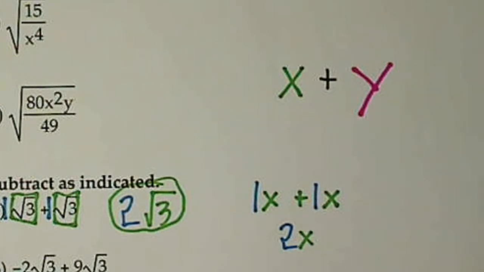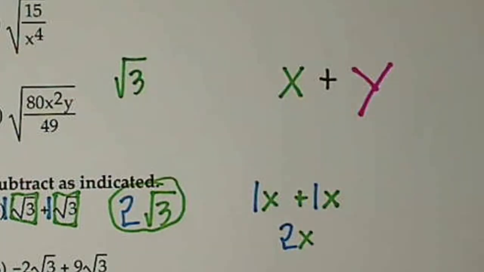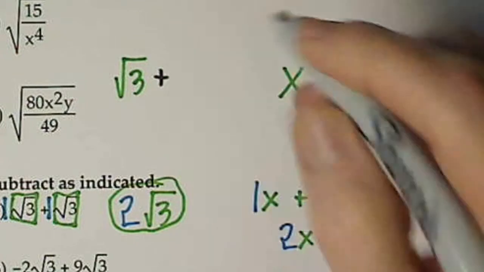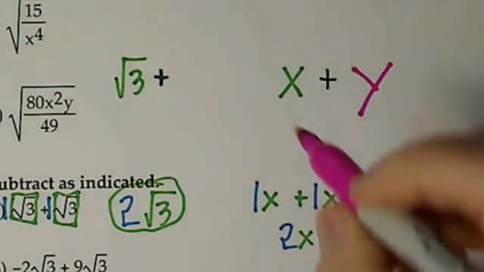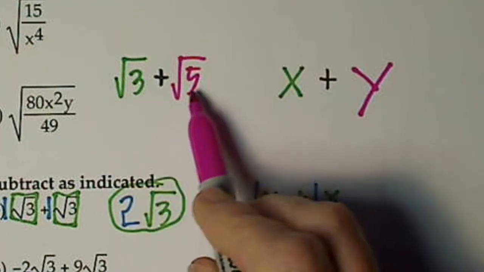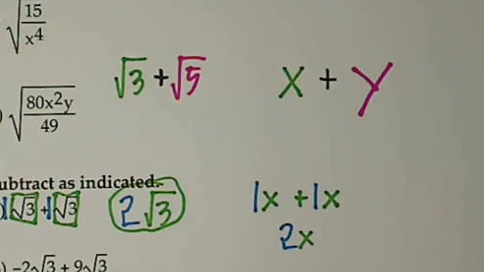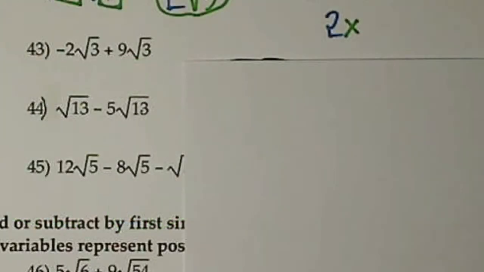So if I had, let's say, radical 3 plus, let's just say radical 5, there's no way to add them. Okay, so this would be the simplest form you could come up with. So in order to add or subtract radicals, they have to be identical. And let's see how that plays out.